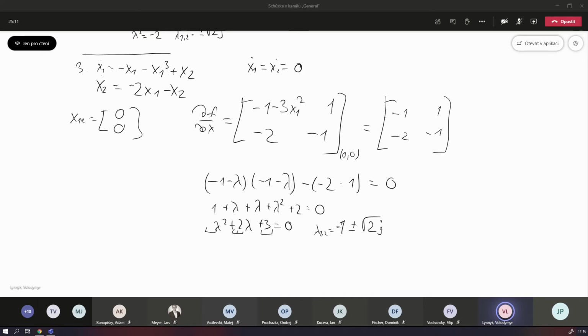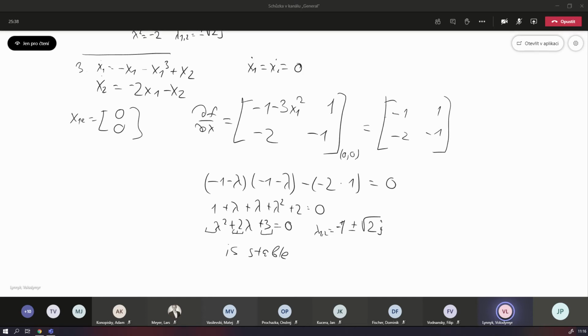Yeah, and okay, it's a stable focus. We know that it's a stable focus, but many students write only that this system is stable. Yeah.